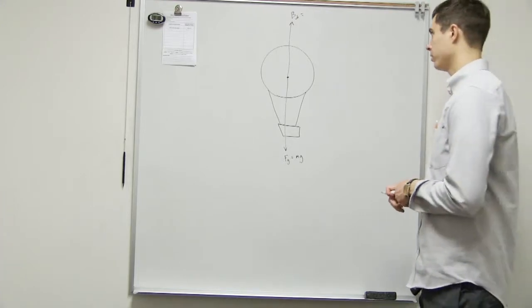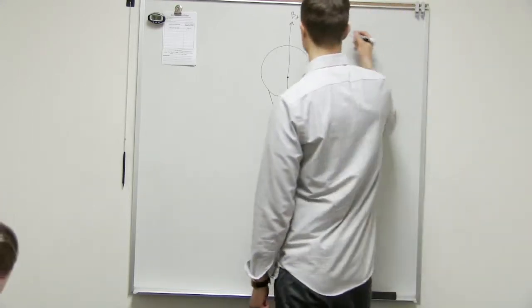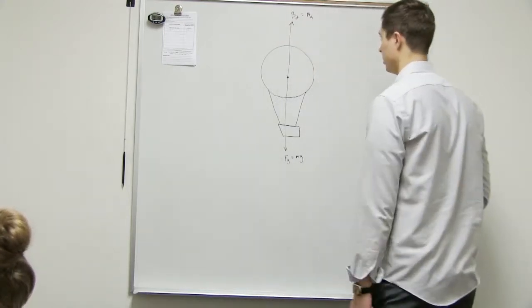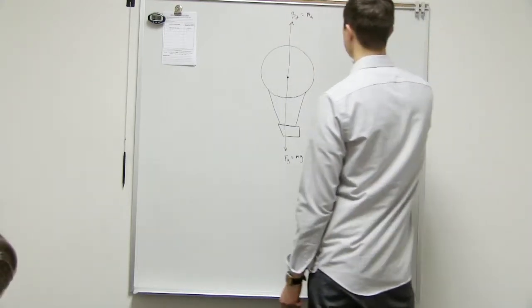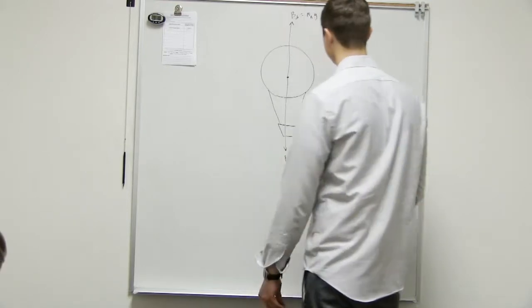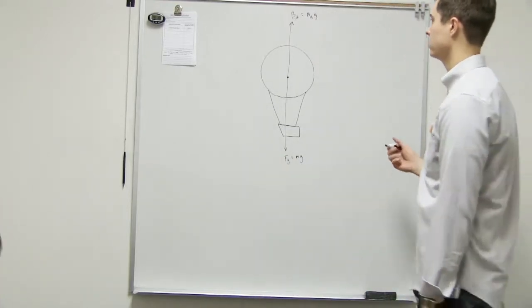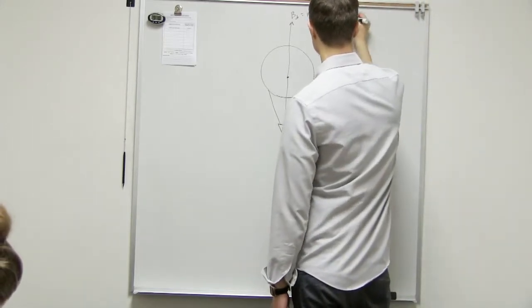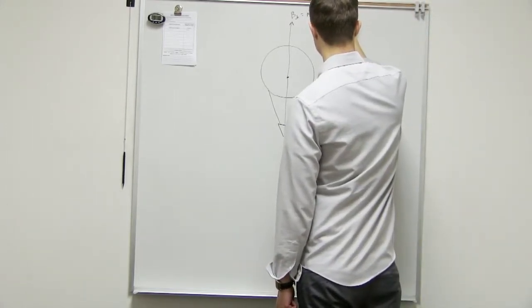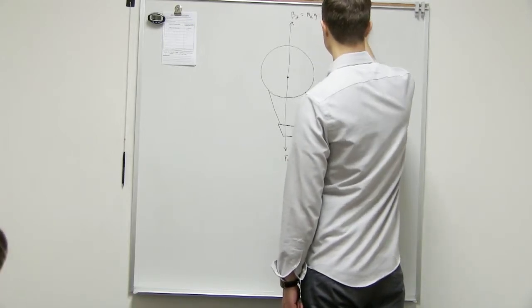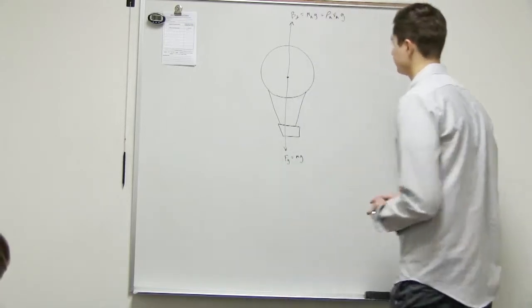And so we know that buoyant force is going to be equal to the mass of air which is being displaced, times gravity. Now another way that we can write that is by saying the density of air times the volume of air times gravity.